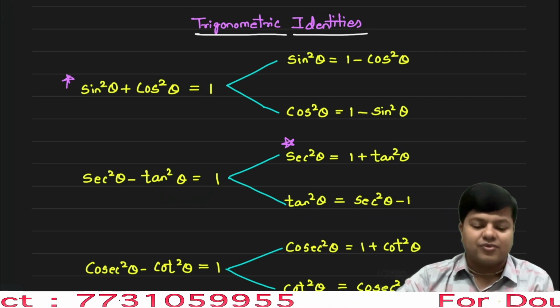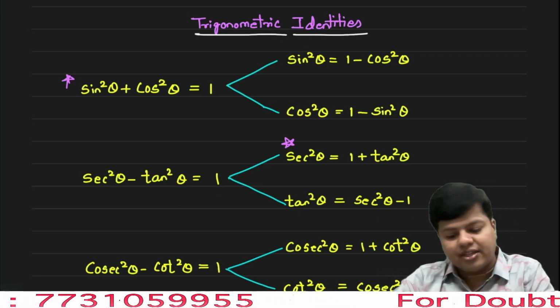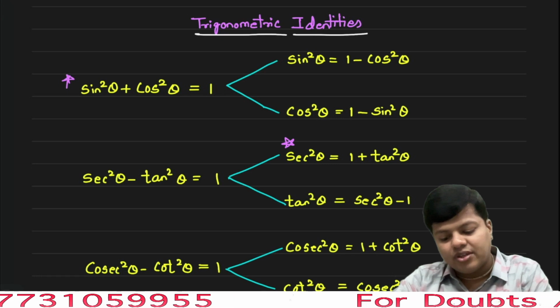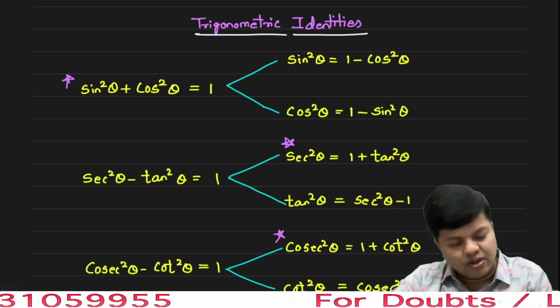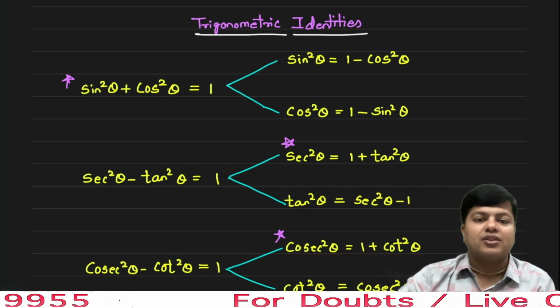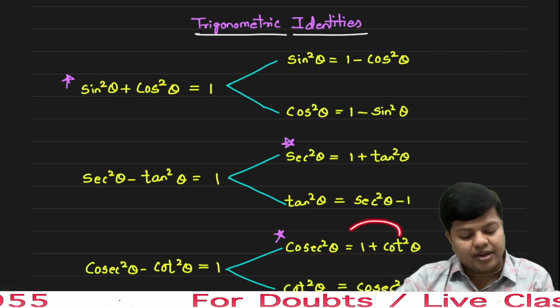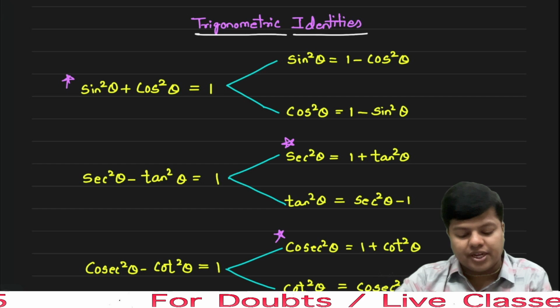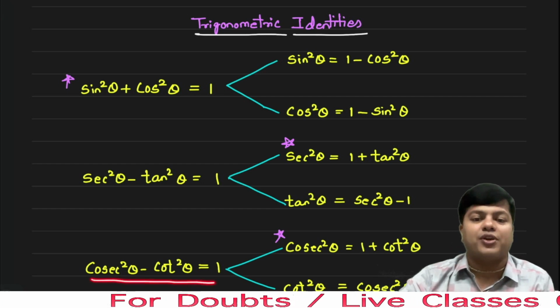Okay sir. The third identity is cosecant square theta is equal to 1 plus cot square theta. And if cot square theta comes on the left hand side, it becomes cosecant square theta minus cot square theta is equal to 1.